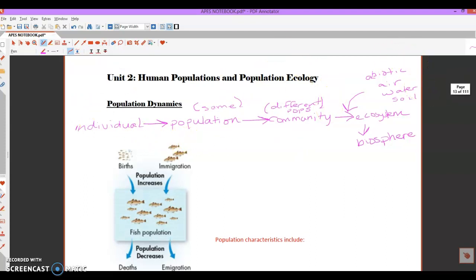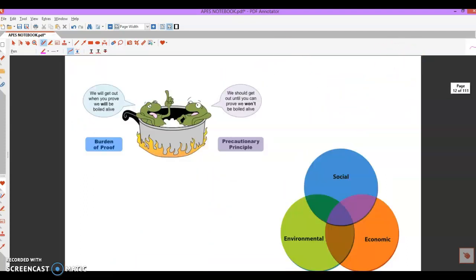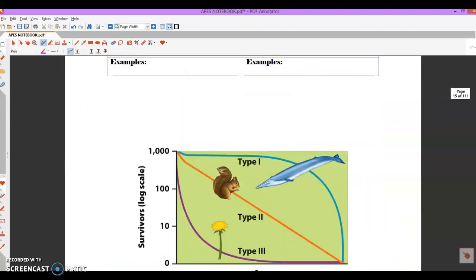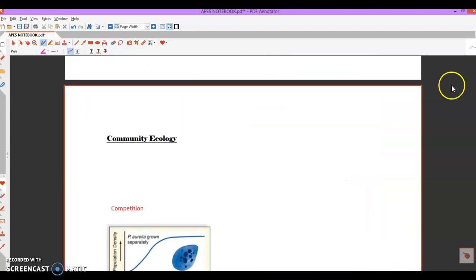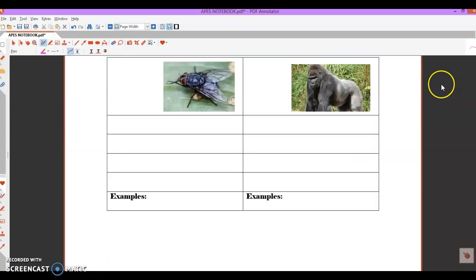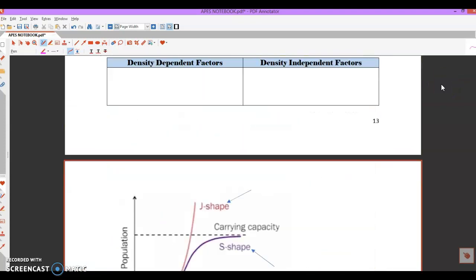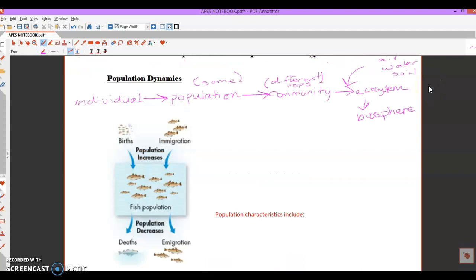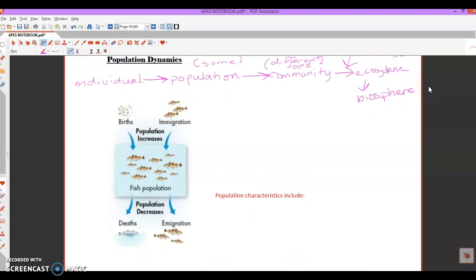Now, if I were to ask you, what is the population of the United States? Well, the population of the United States is roughly 360 million, give or take a few 100,000. Okay? So, births and deaths factor into determining population sizes.